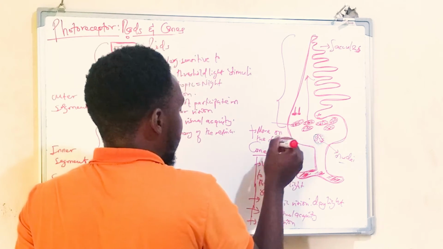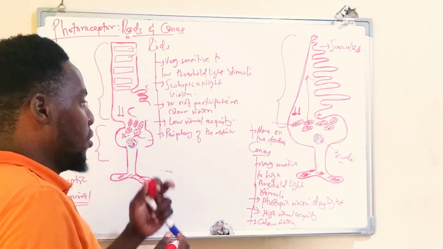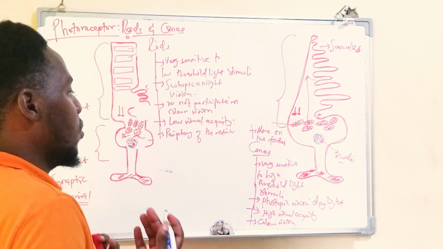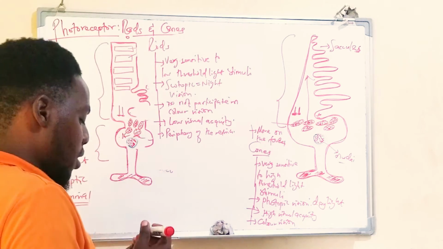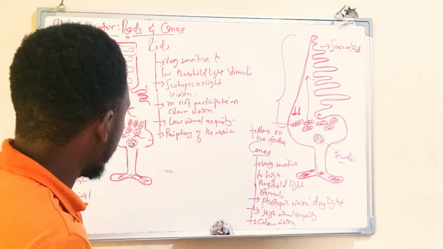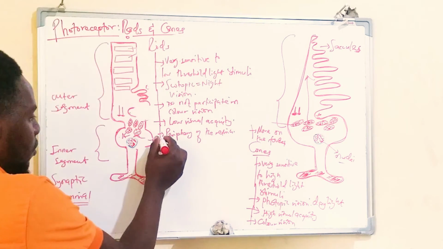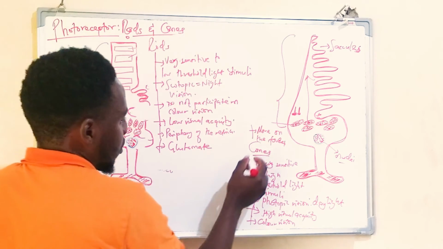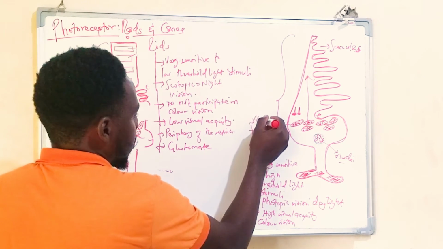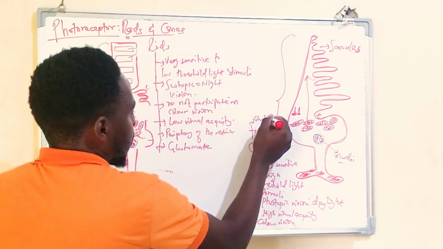So the fovea only has cones, it doesn't have rods. The periphery of the retina has both, but has more of the rods. Both release glutamate, like we have said, as the neurotransmitter.